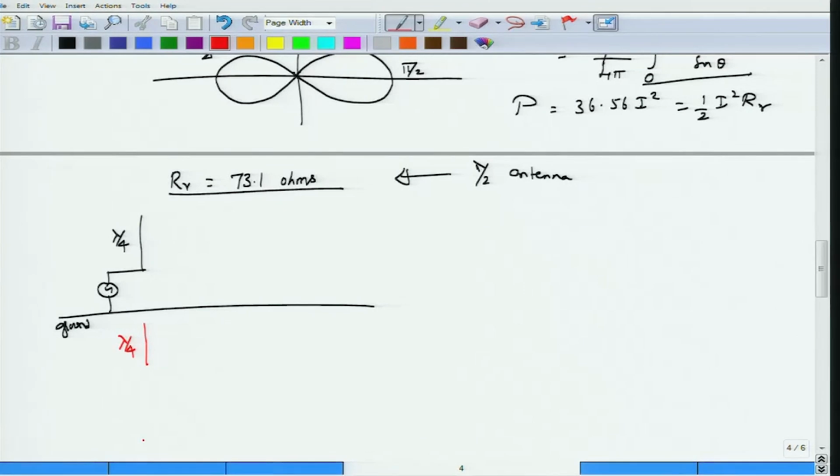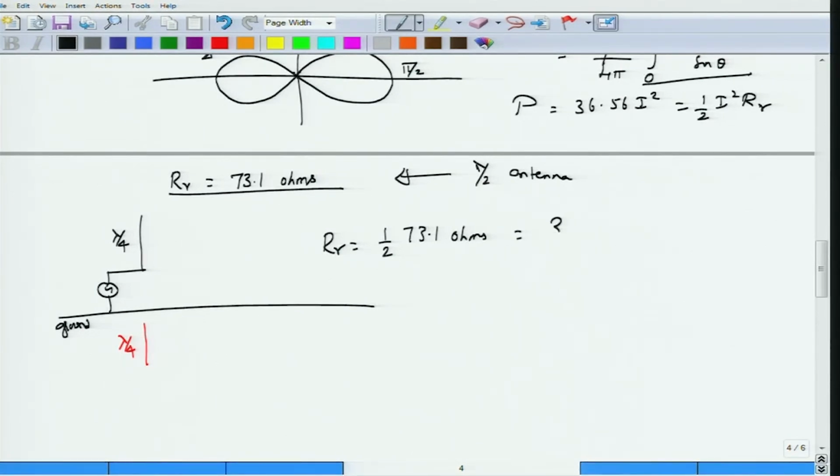Okay. Now, the characteristics would not change, and whatever you have obtained from a lambda by 2 dipole antenna, you have essentially obtained from a lambda by 4 antenna. Okay. The only catch here is that the radiation resistance of this antenna is actually half of the radiation resistance of the lambda by 2 antenna.